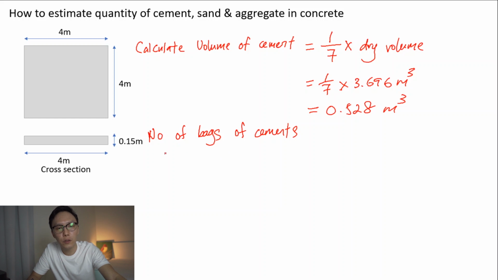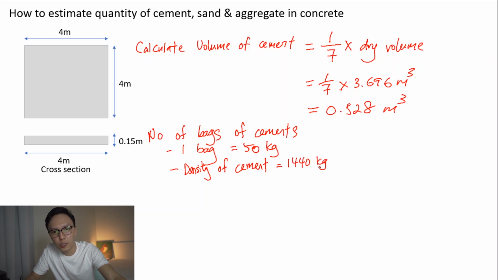The first information we have is that 1 bag of cement is 50 kg, and the second information is the density of cement, which is 1440 kg per meter cube.